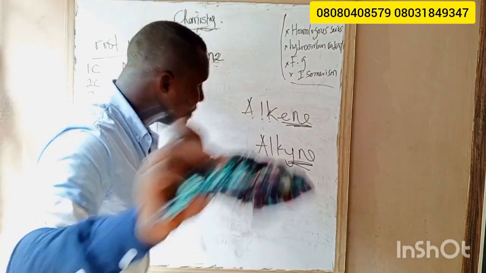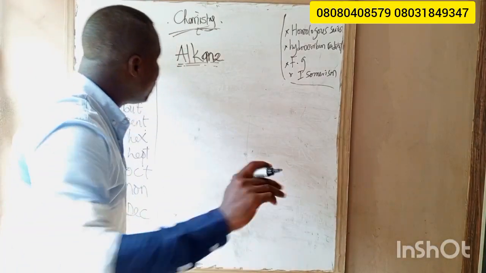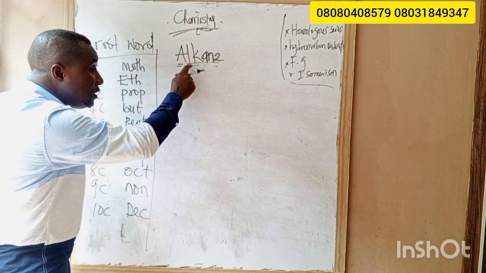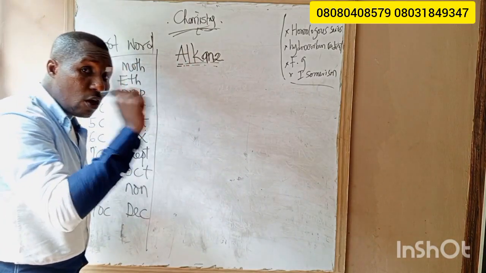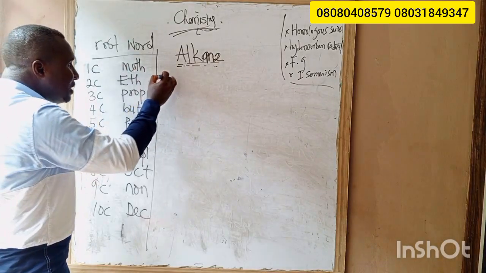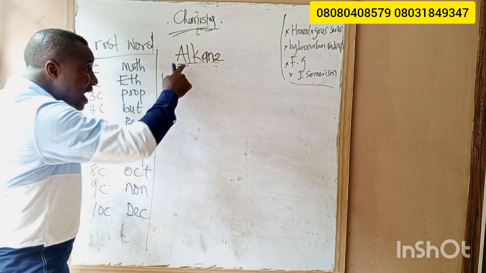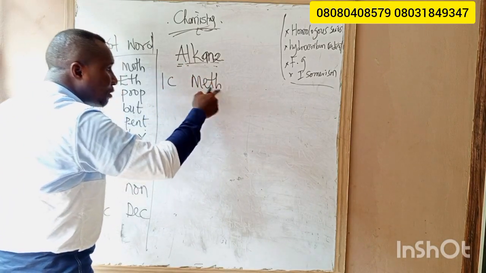Please take note. Let us move. If one carbon falls on this family, and the root word of one carbon is what? Meth. Then I now have one carbon in this family. That means the root word is meth.